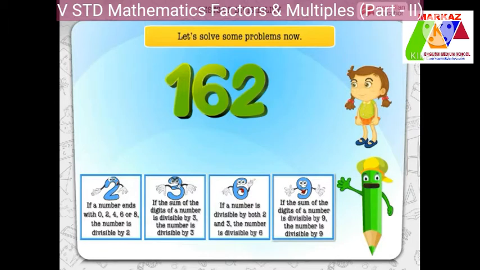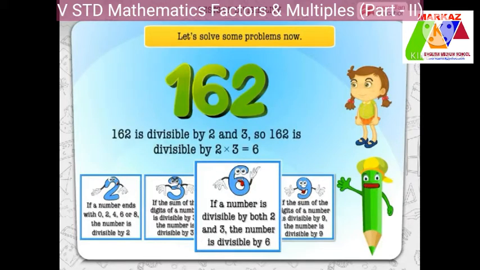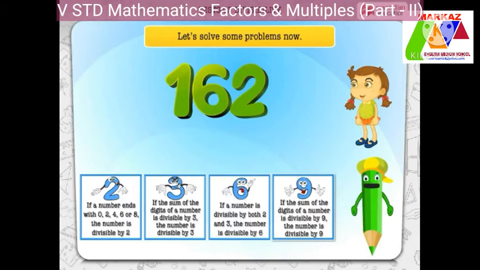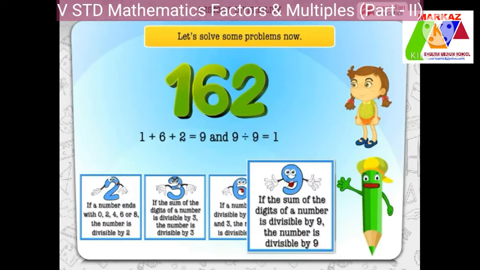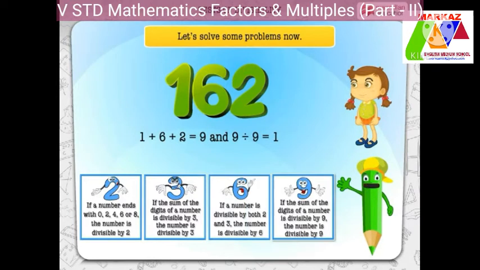Of course. We have just seen that 162 is divisible by 2 and 3, so it has to be divisible by 6. Is 162 divisible by 9? 1 plus 6 plus 2 is equal to 9, and 9 is divisible by 9. So, 162 is also divisible by 9.